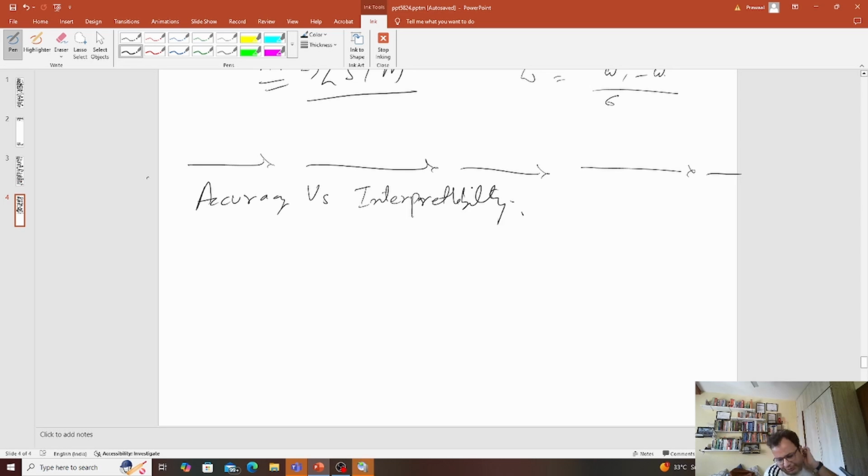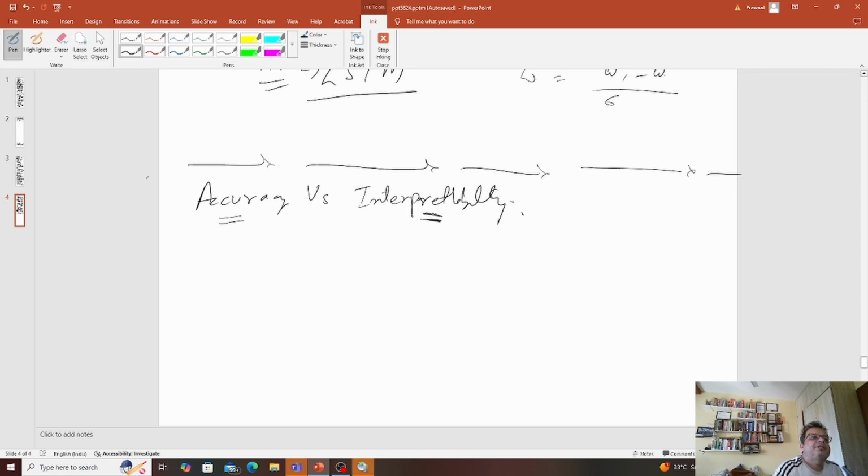I don't think I need to write any equations here, and this is very simple to understand. The accuracy of models generally becomes better when your models become larger and more complex. For example, all your large language models or any other kind of neural network are definitely going to give you very good accuracy. But then they become very hard to interpret.